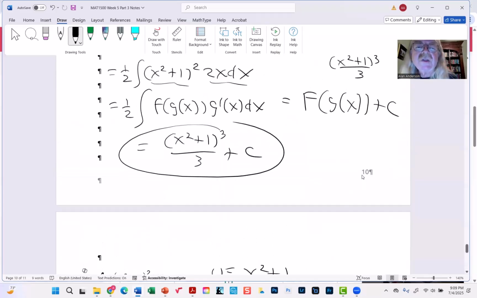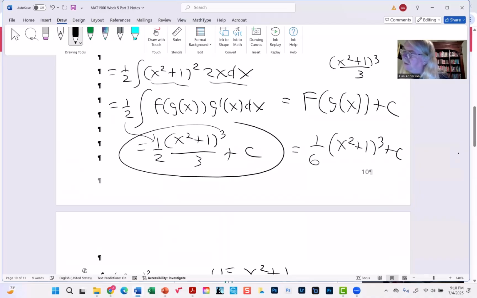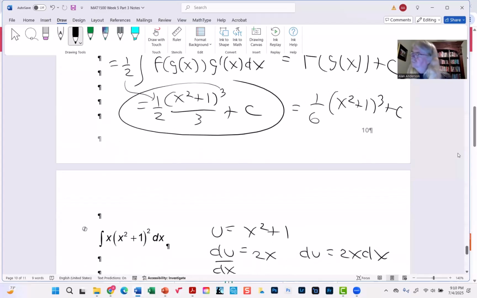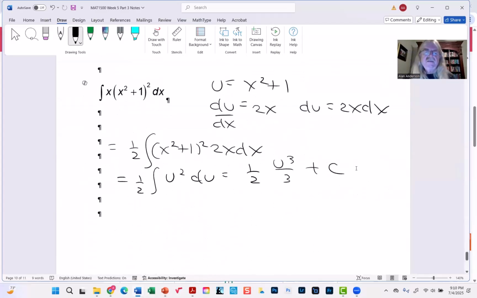Oh, whoops. You know what I just realized? I missed the 1/2 here. That's better. It was sitting out there outside of the integral. I lost it. It's there now, so we're good. But it would be very easy to do that, so you have to keep an eye on that kind of thing. All right.